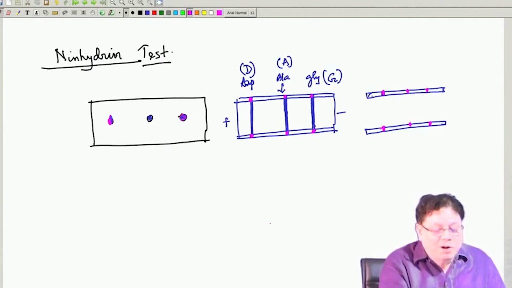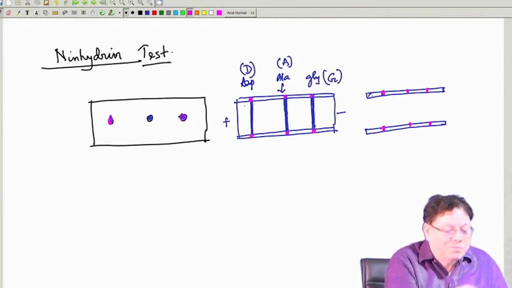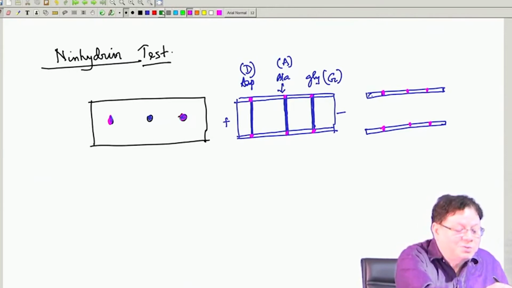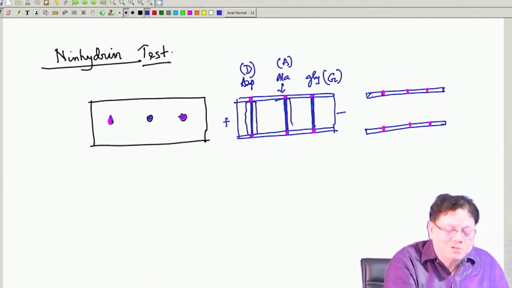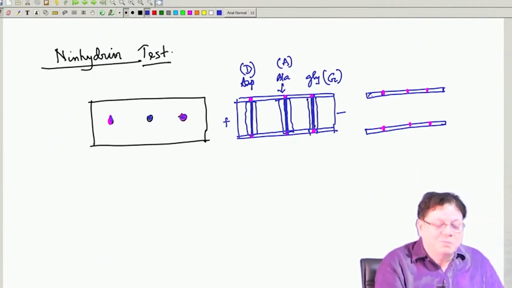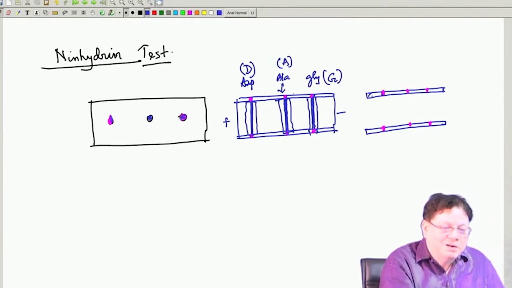Now, once you reconstruct it, take a pair of scissors and cut this piece of paper from here, cut this piece of paper from here, taking the width of your band. Just to make sure that you are taking all the amino acids, you take a little bit extra portion.